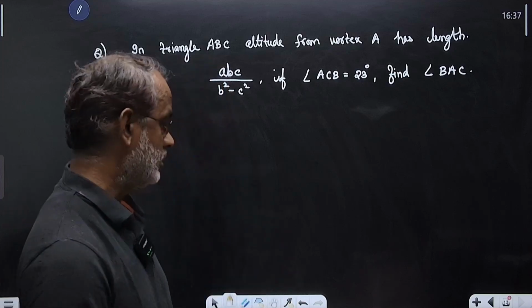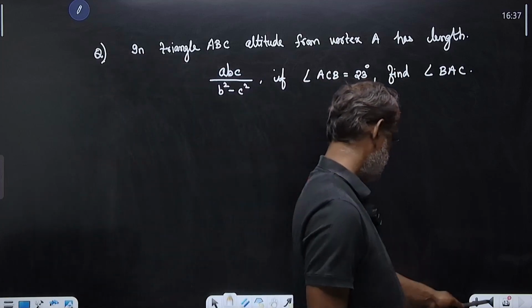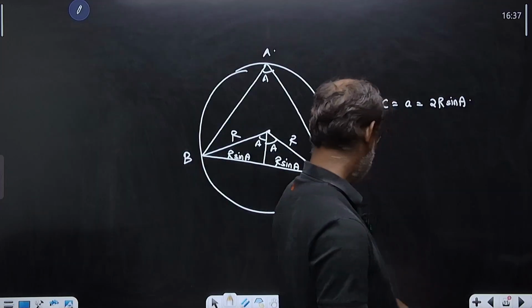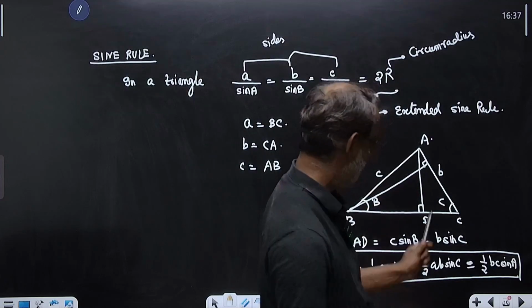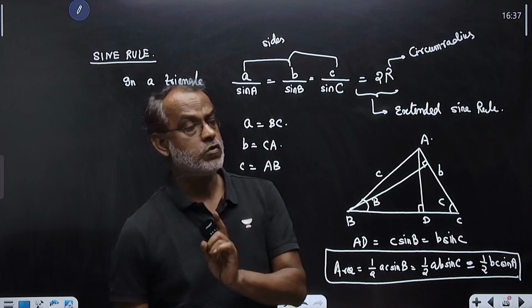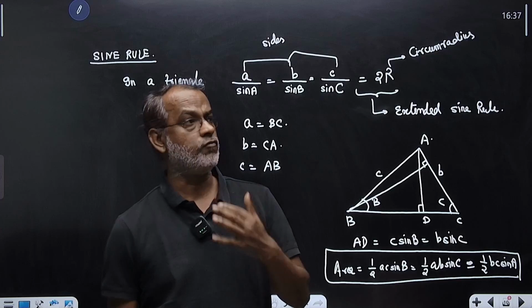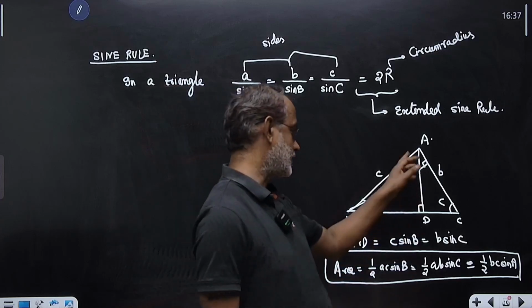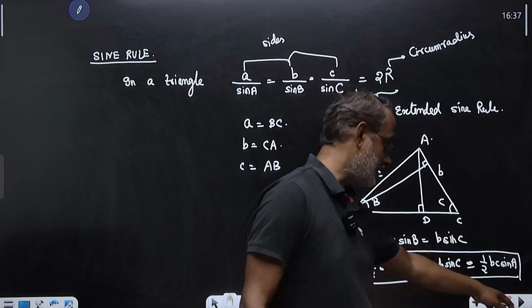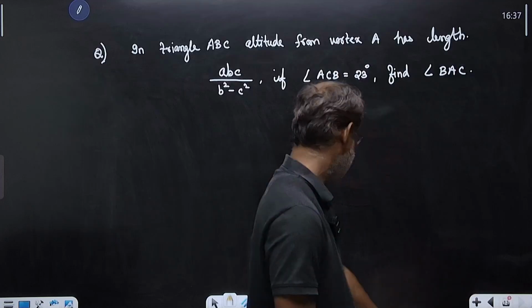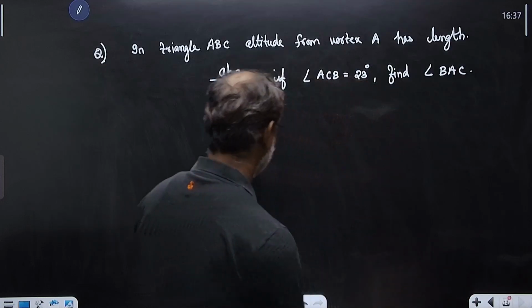Okay, so just now we saw the length of altitude from vertex. That is why I have always told you, remember how we initiated the proof, how we prove things. What is the length of altitude? c sin B or b sin C, as you wish.